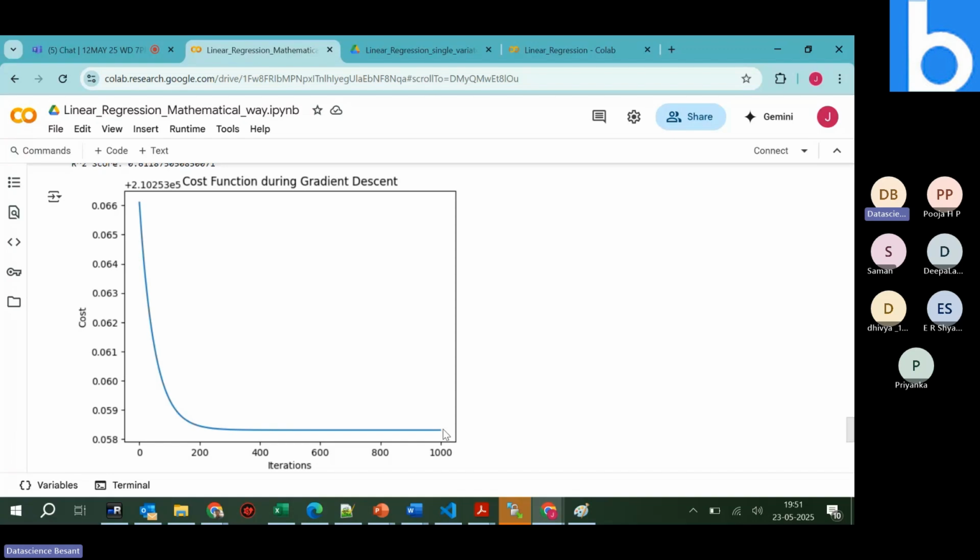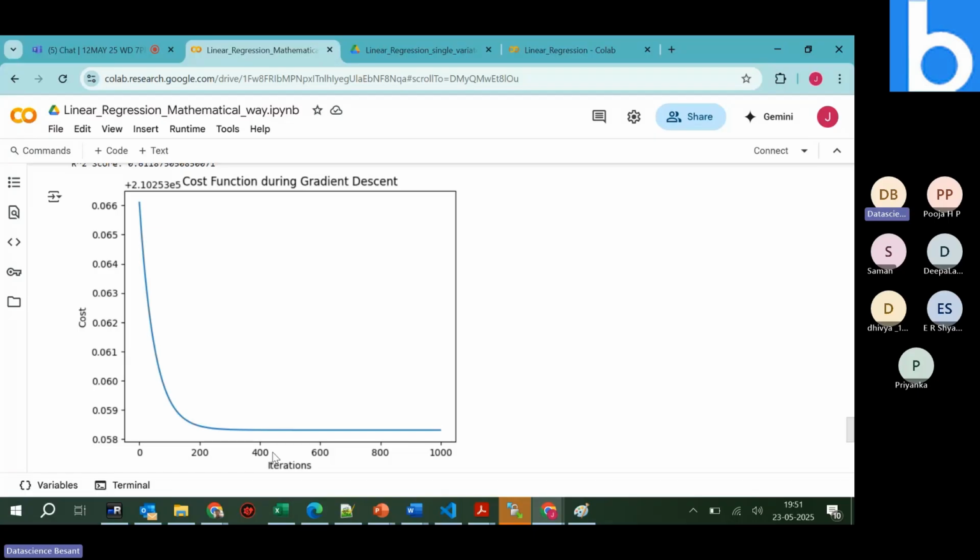Exactly. So let me put it in a very technical term: the algorithm has converged. That's all. The algorithm has found the best slope and best intercept value for your data set at the 200th iteration. If your slope and intercept are not changing in your linear regression equation, the cost will not change, correct?